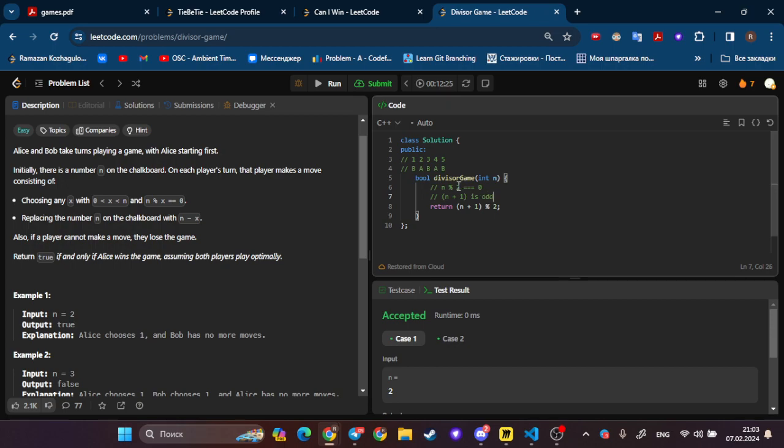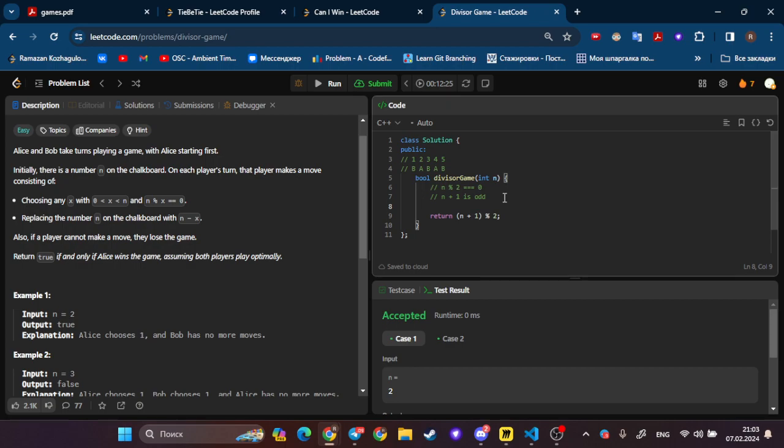Yeah, suppose n is even, and next is what? Next n is odd. What does it mean? I think it means the other player can divide by 1 after n dividing by n plus 1.